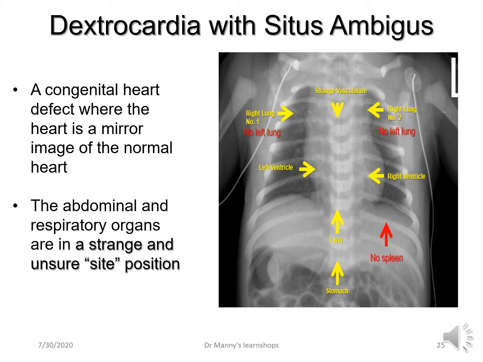The liver is typically in a strange position, as is the stomach, and there may or may not be a spleen, or there may be bits and pieces of spleen scattered throughout the abdominal cavity. Dextrocardia with situs ambiguus. But essentially, on the chest X-ray, what you can see is a very strange looking heart.